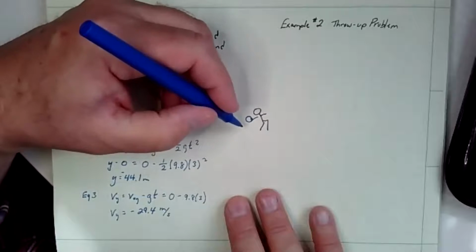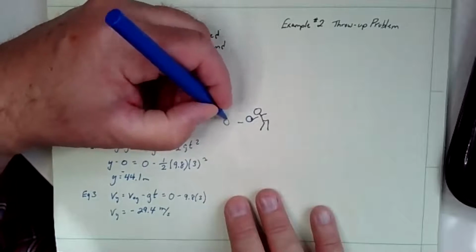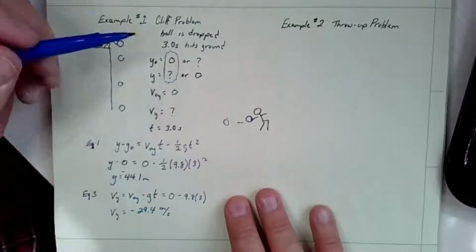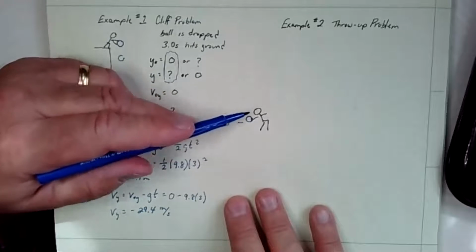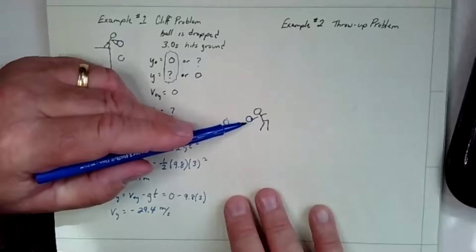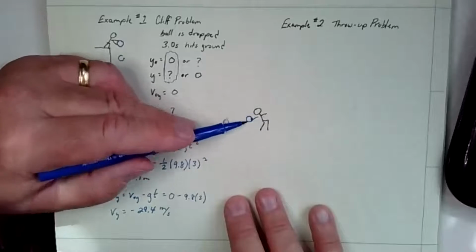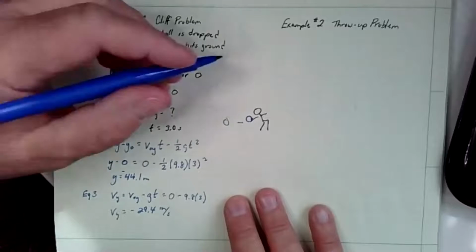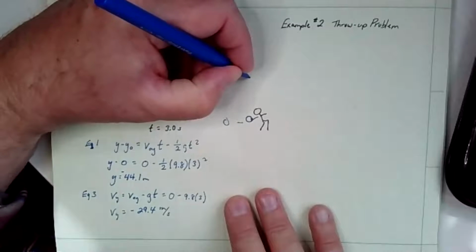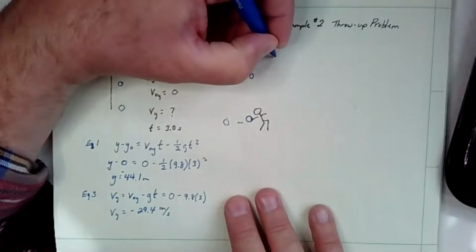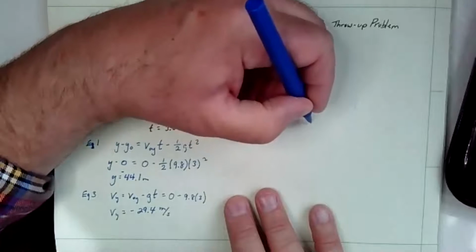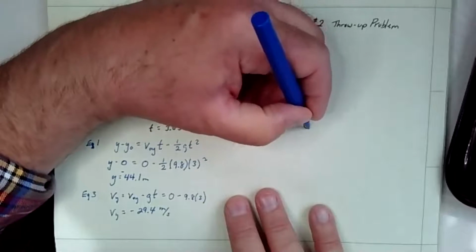And we'll assume that where it starts from is equal to 0. Also, this is assuming we know it's going to take a force to throw this ball in the air, and the person's hand is going to be in contact with the ball for a little bit. But that's all stuff we're going to hold off talking about right now. We just want to look at the effects of gravity. So our ball is going to go up and reach its highest point, and then come back down again, and then hit the ground.